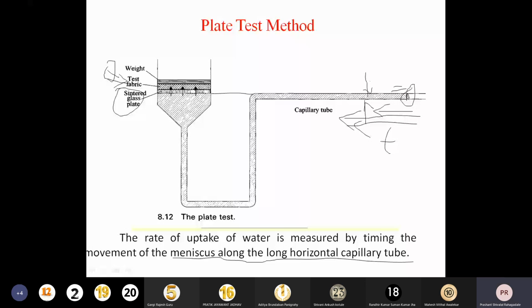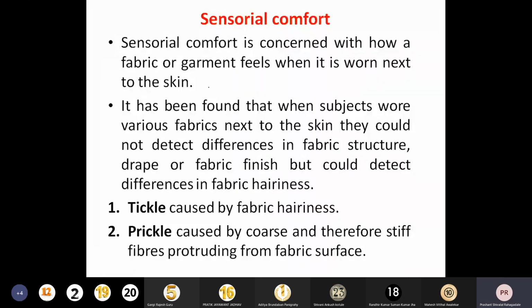Now the next topic is again related to comfort, but it is called sensorial comfort. Now as the name itself suggests, it is concerned with how the material, or the fabric, or your clothing or garment feels when it is worn by you, worn next to the skin.